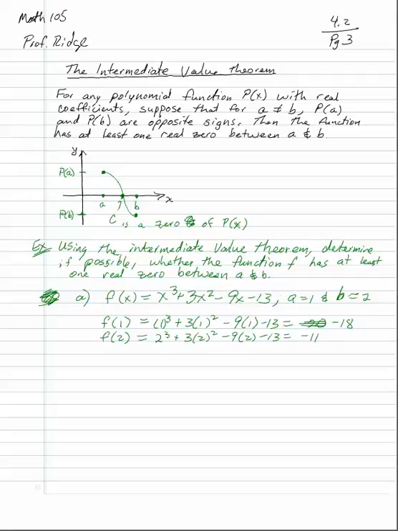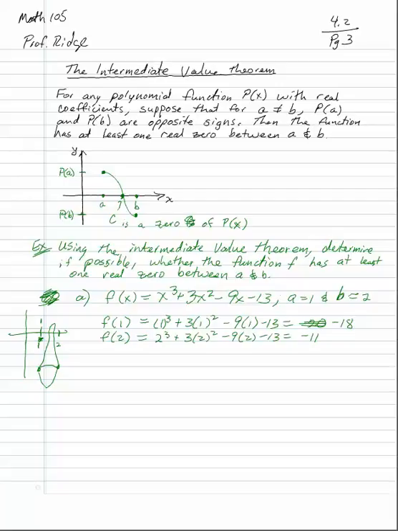Okay, so this doesn't give us any information, because if A is 1, B is 2, and both of them are below the x-axis, I can connect those dots without crossing the x-axis. I mean, it's possible. I could go like that, I can go like that, there's lots of different ways. So that doesn't give me any information.